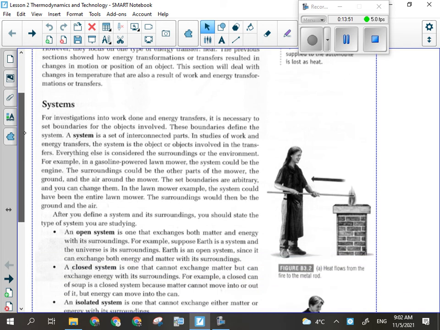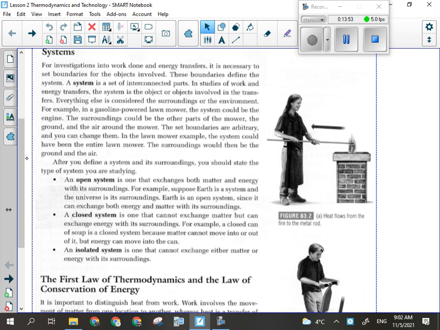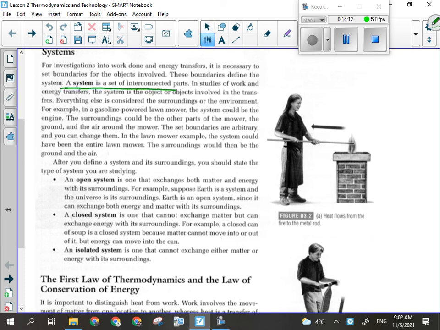So the first thing we need to understand is that there are three kinds of systems. We need to know these three kinds of systems because they tell us whether energy can be exchanged with the environment or not. A definition of a system is a set of interconnected parts, which is really kind of a misleading definition. A system is any number of things that are interacting energetically.